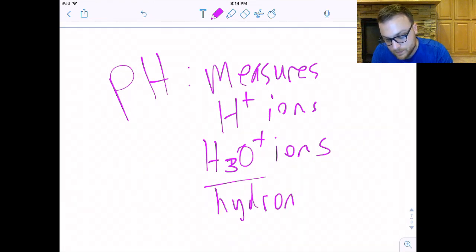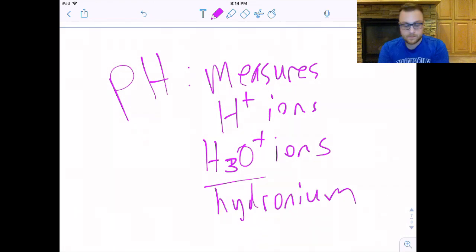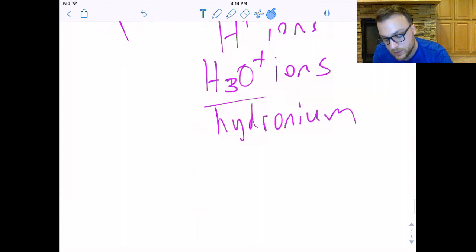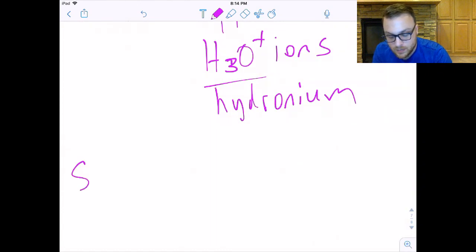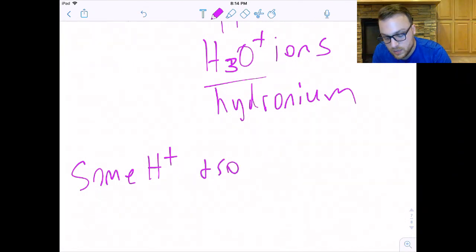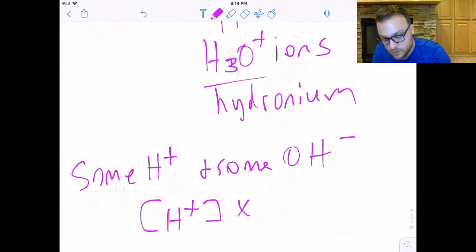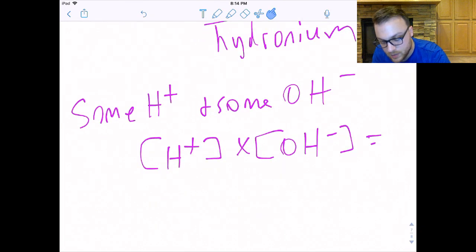So, in any given acid-base solution, there's some H plus and some OH minus. Every acid-base solution has some concentrations of these, and when you multiply them together, you should get 1.0 times 10 to the negative 14.